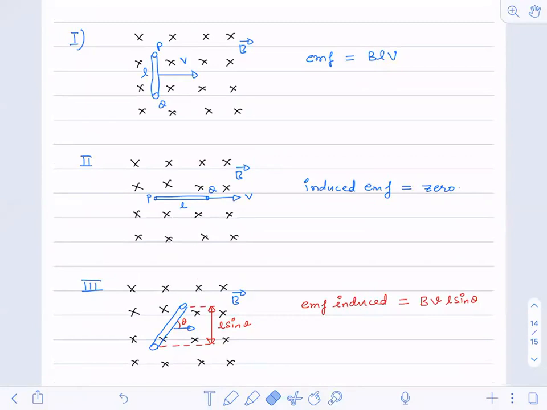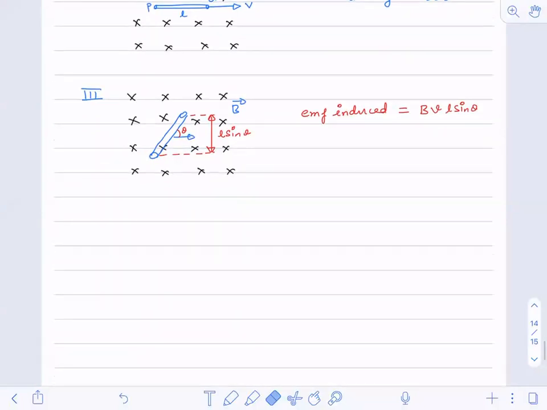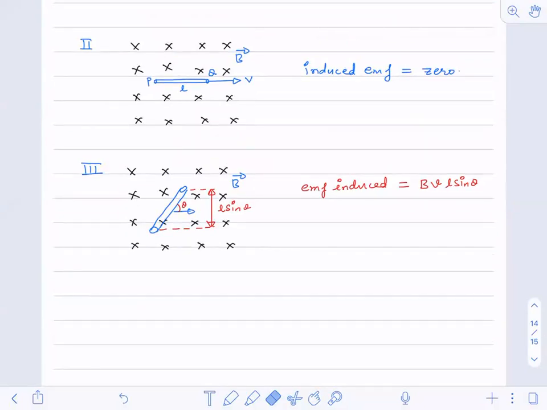Shall I move ahead now? Okay. Theta is from horizontal, how much you have bent? Understood? Did you understand it?